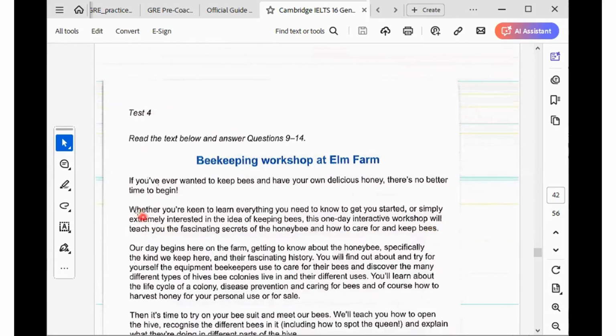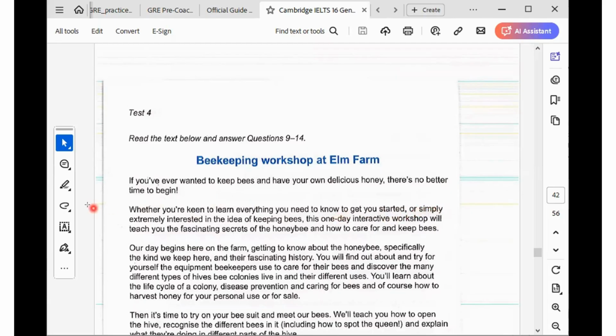Look at this first part. Whether you are keen to learn everything you need to know to get started, so this is for somebody who has not yet started. So they are telling us that this workshop is for somebody that is about to start. The person has not started, is keen to learn and is about to get started.